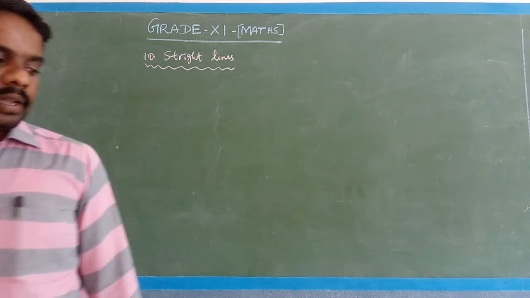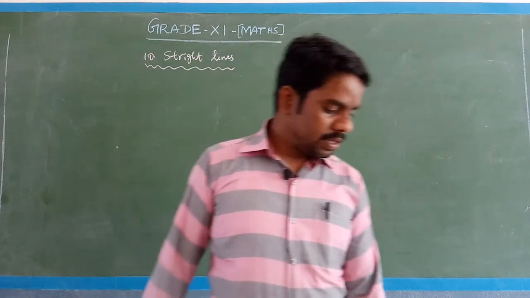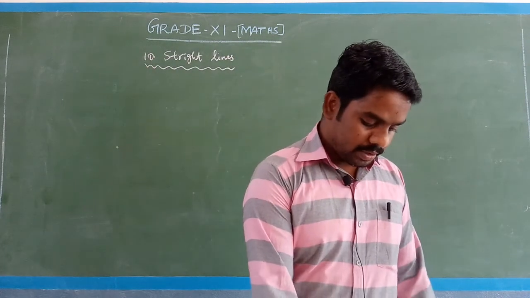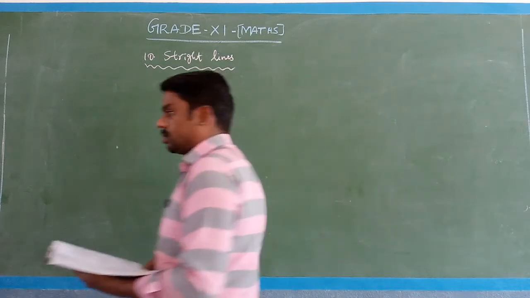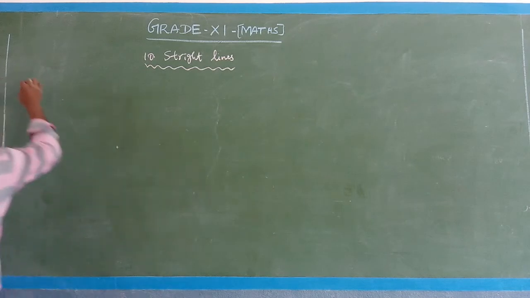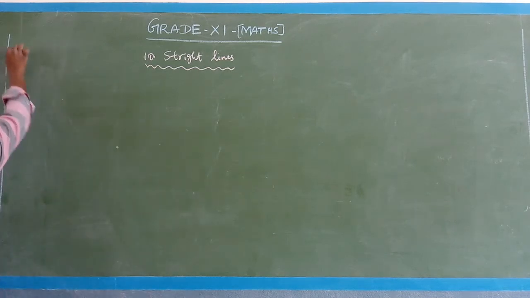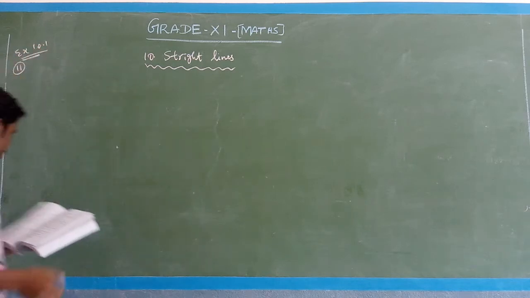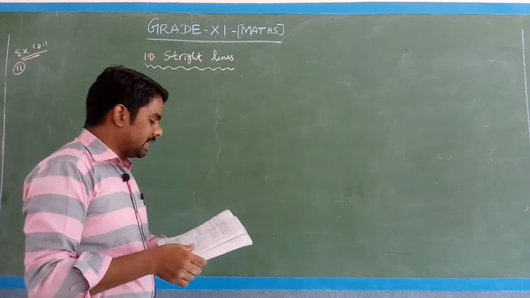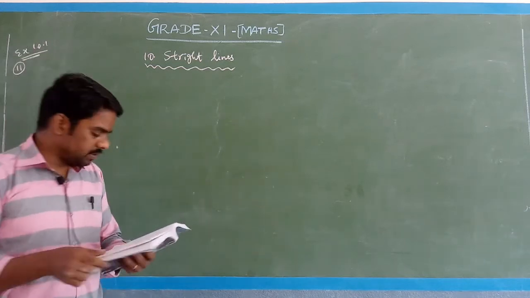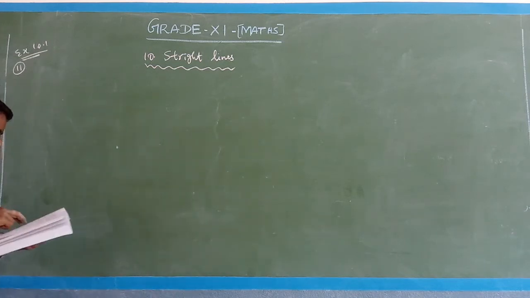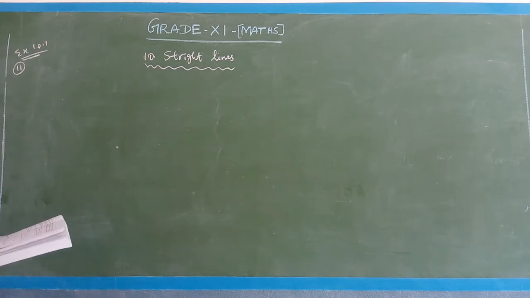Next, question number 11, exercise 10.1, page number 212. The slope of a line is double the slope of another line.